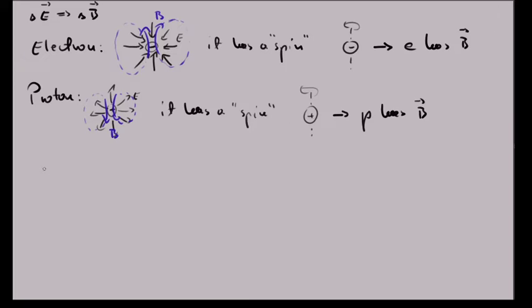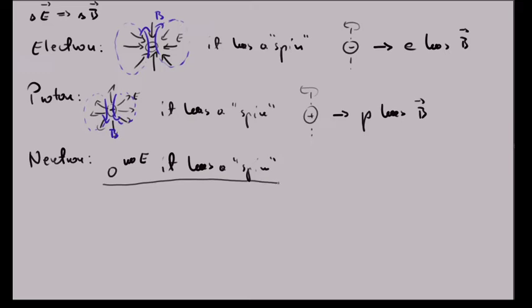And then the last thing is a neutron. So here's a neutron. Now a neutron has no electric field, but it still has a spin. But that doesn't really help you, because even if you were to think of a neutron in a classical way where there's a spin, well, there's no electric field that could change here.